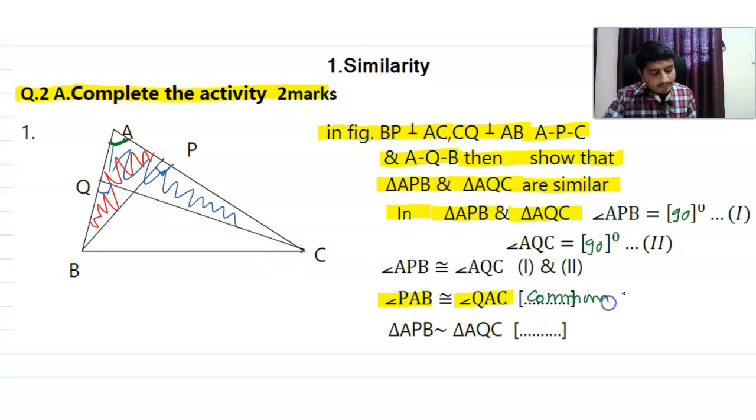The common angle. Angle A is common for both the triangles. So once one pair of corresponding angles is congruent and the other pair of corresponding angles is congruent, we can say that the given two triangles are congruent by, I am writing, AA test. Hence we have here the first activity.